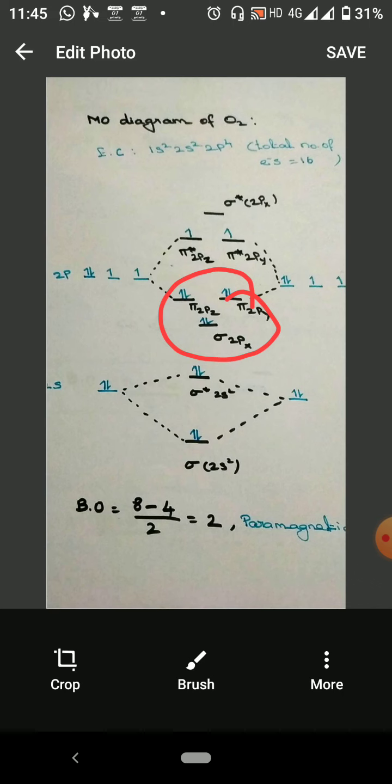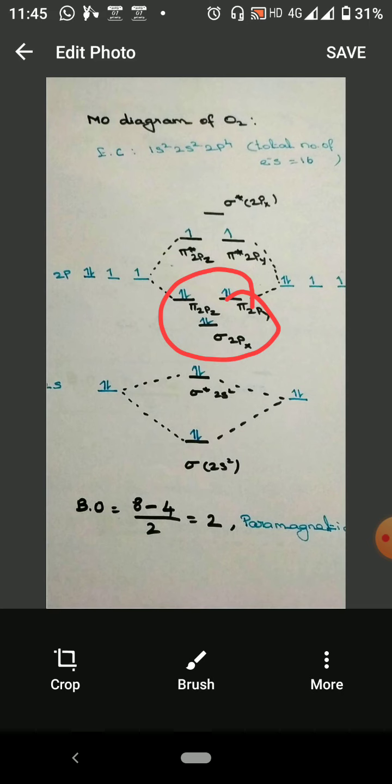So we can count the number of electrons present in the bonding as well as anti-bonding molecular orbitals. Applying the equation, we get a bond order equal to 2. So oxygen has a double bond within it.